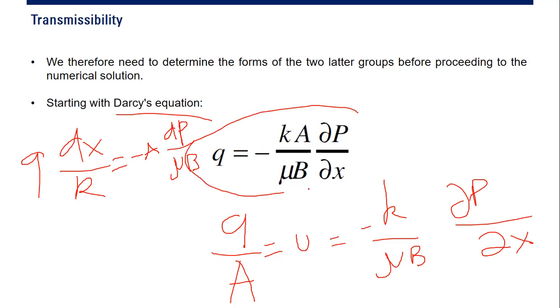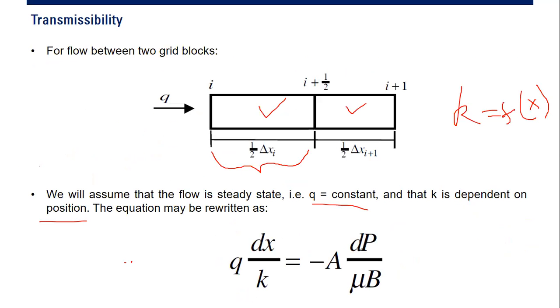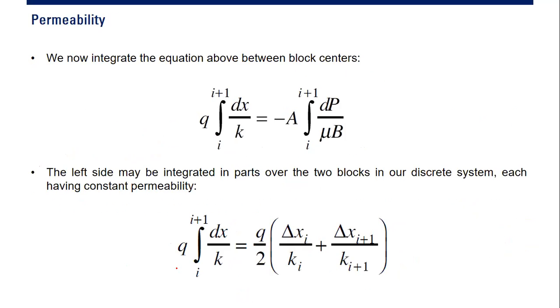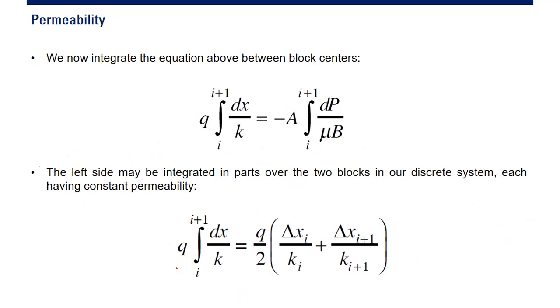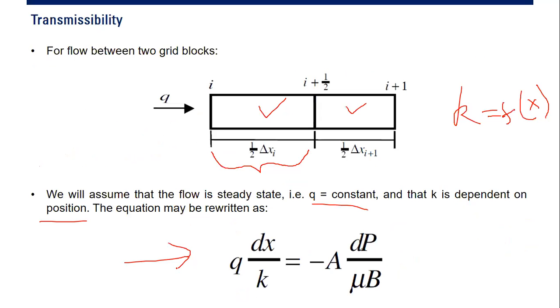You just rewrite this one to be like this one. Just follow the thinking, and then we want to do the integration. So starting from this one, we can integrate.